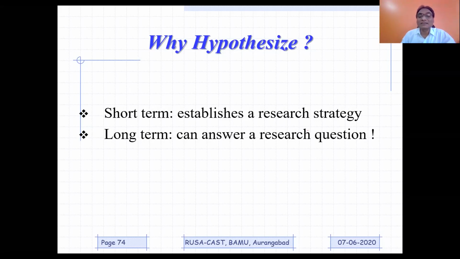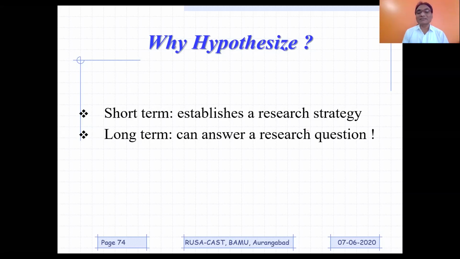What is the long term advantage? It can answer the research question. The question you generated was why the sensitivity of the carbon monoxide sensor is not beyond 50%. In all the research papers you read, you found that people have tried many materials, but for one reason or another they could not enhance the sensitivity of the sensor more than 50%.